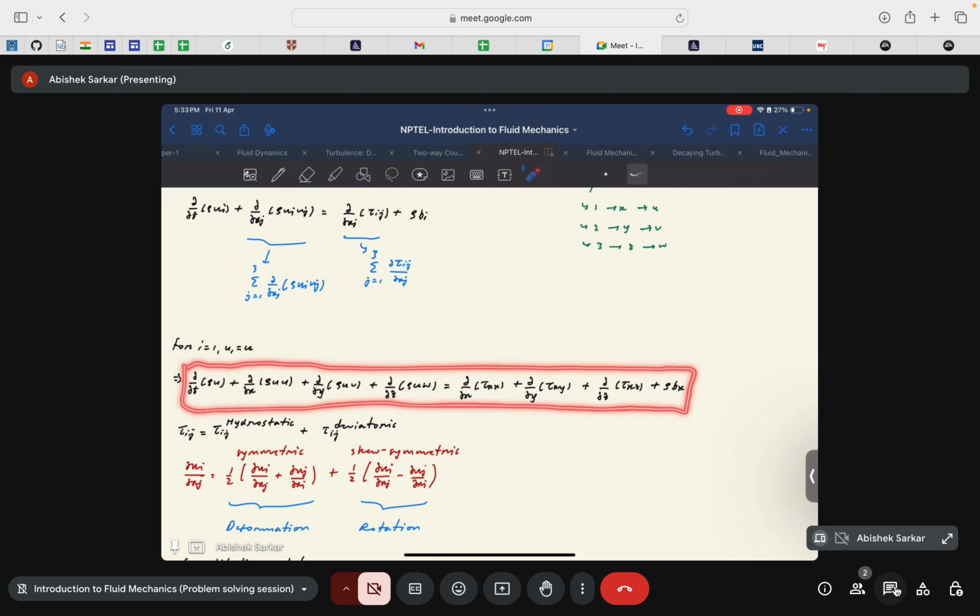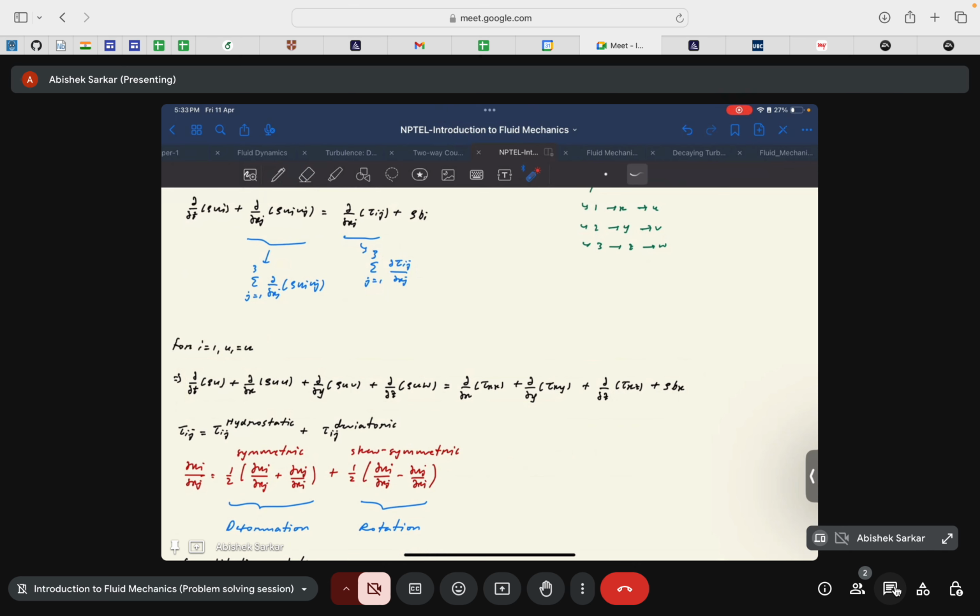And similarly for i equal to 2, the equation will vary. So just as an exercise, let us try to write the equation for i equal to 2. u2 would correspond to v, so we would have dou by dou t of rho v plus dou by dou x of rho vu plus dou by dou y of rho v square plus dou by dou z of rho vw.